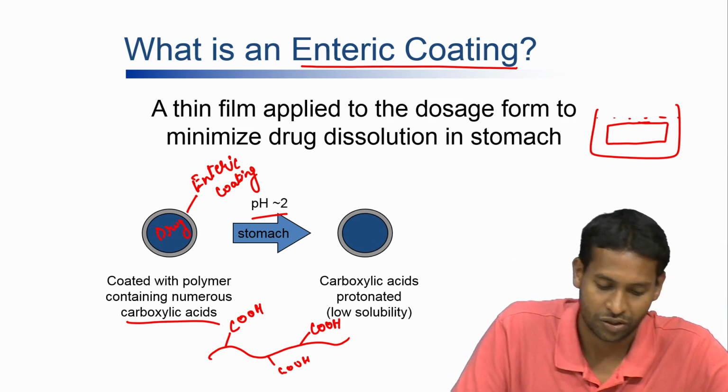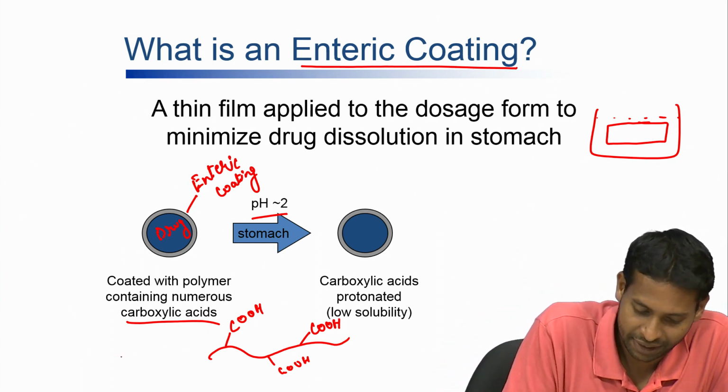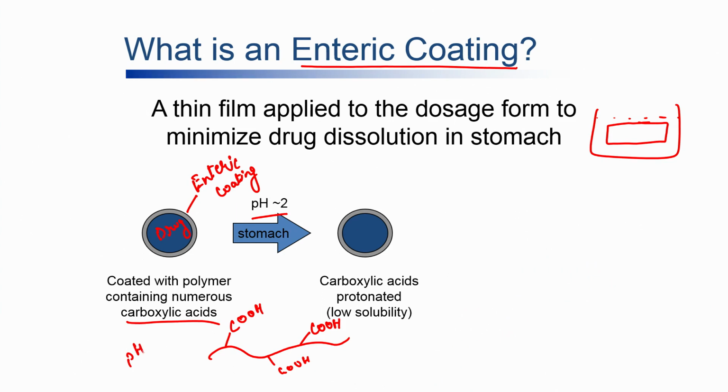We all know that at neutral pH, let us say a pH of 7, these molecules will exist as COO minus; they will lose their proton. But once the pH drops below their pKa, let us say at a pH of 3, they will get protonated and exist as the carboxyl form.